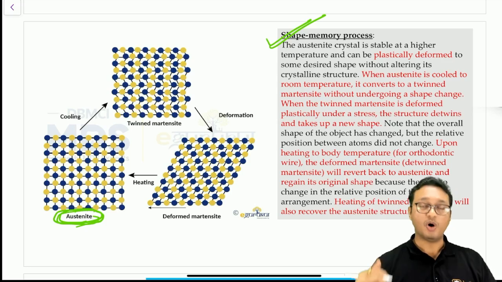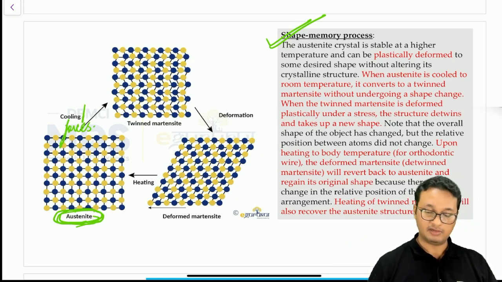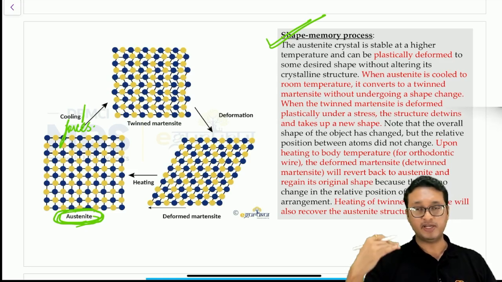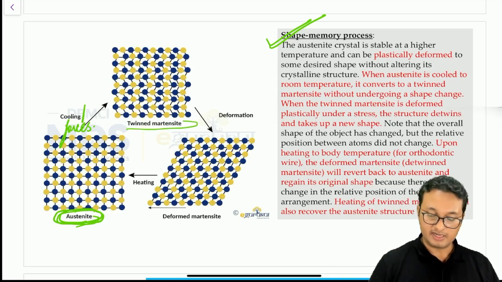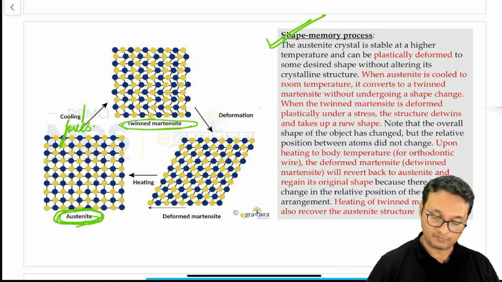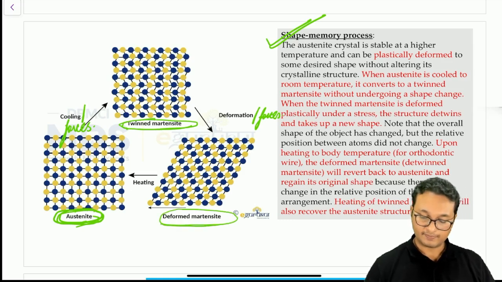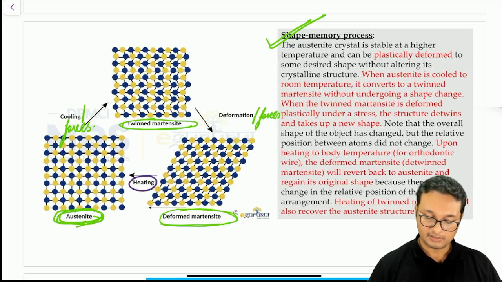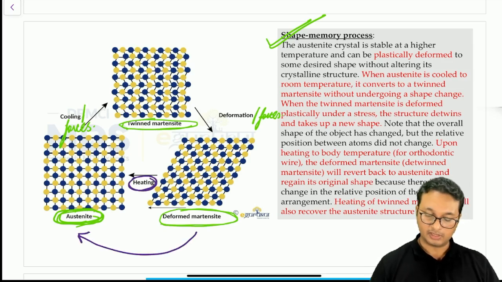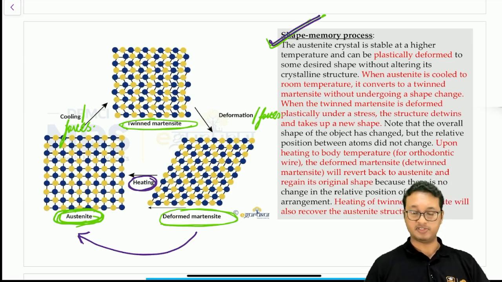Upon cooling or upon application of external forces, it gets transformed into a new phase called twinned martensite. That undergoes deformation under the influence of external forces to form the deformed martensite. Now, once deformed martensite is acted upon by heat, it gets converted back into the original austenite. This is known as the shape memory effect, the shape memory process, which is unique to nickel titanium.